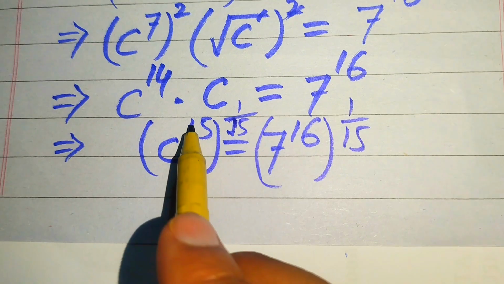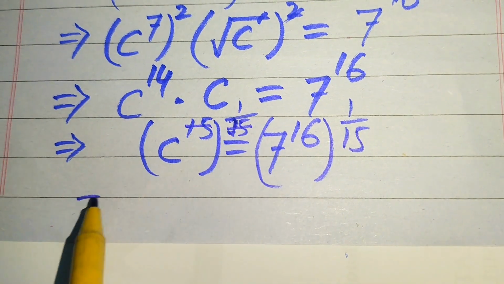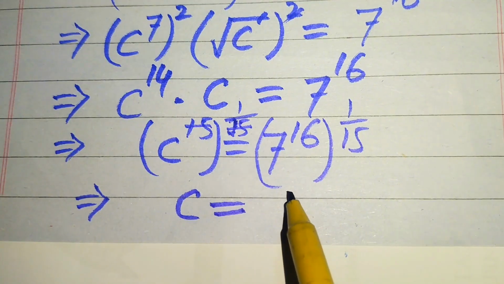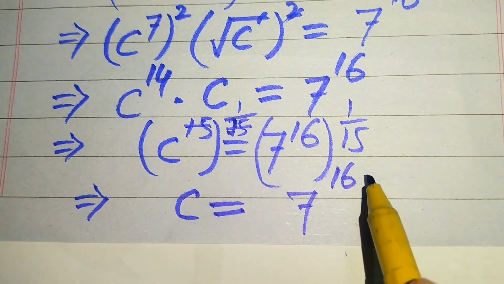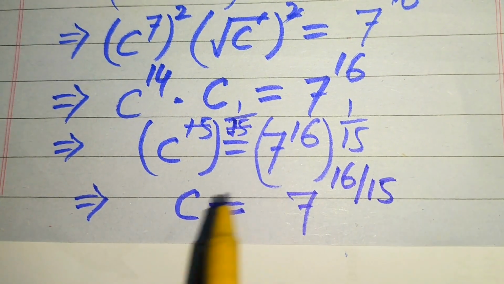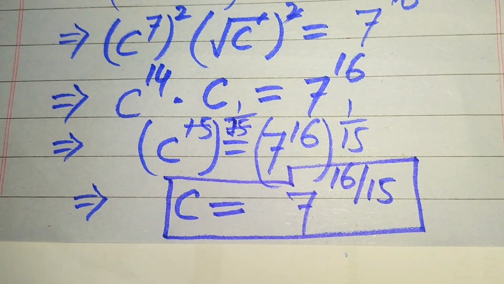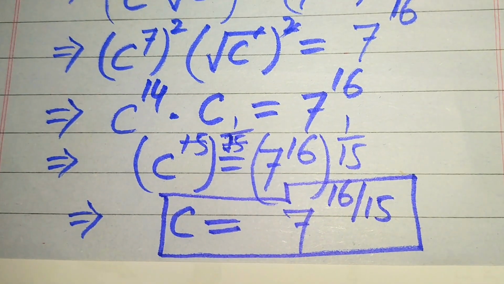And now you see that this 15 and this 15 cancel out each other, and we get the value of c is equal to 7 to the power of 16 divided by 15. So this is the final value of c which we get in this method.